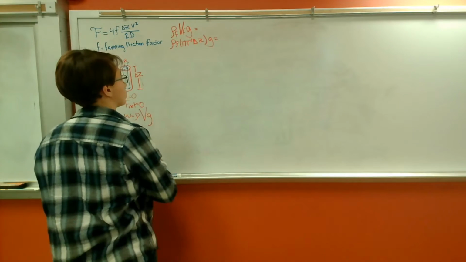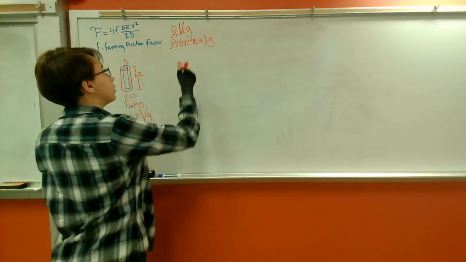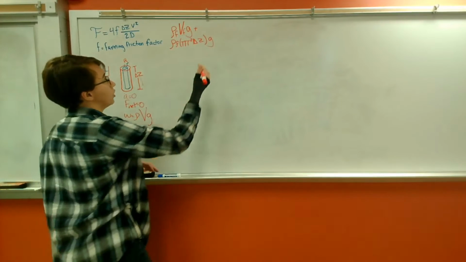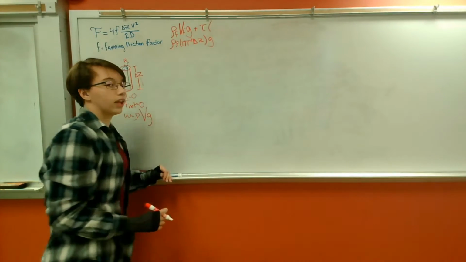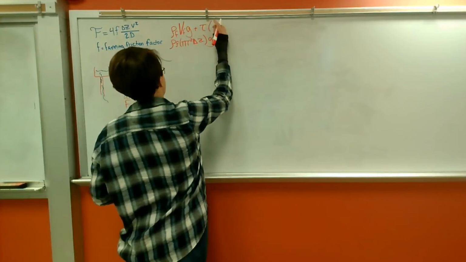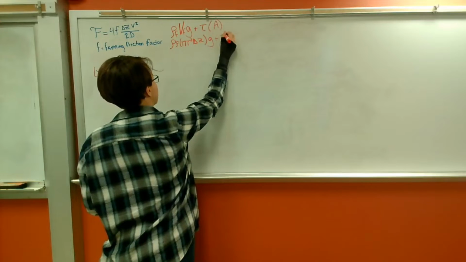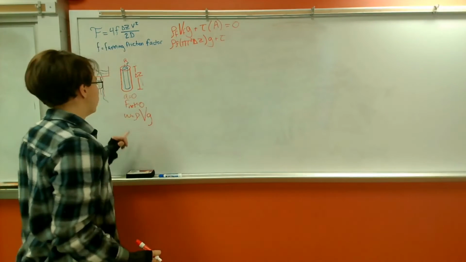Okay, and then that's plus the shear stress force. So that's going to be shear stress times the area over which that force is acting on. It's going to be equal to 0, because that's our net force.